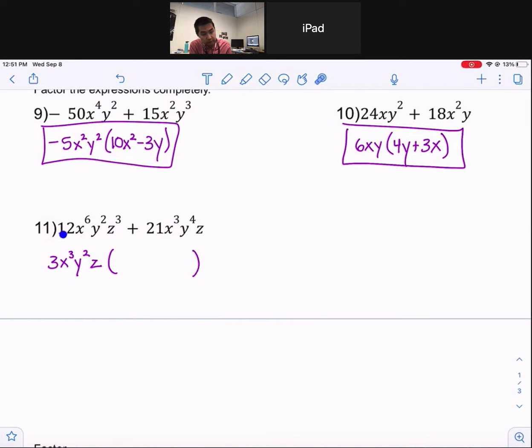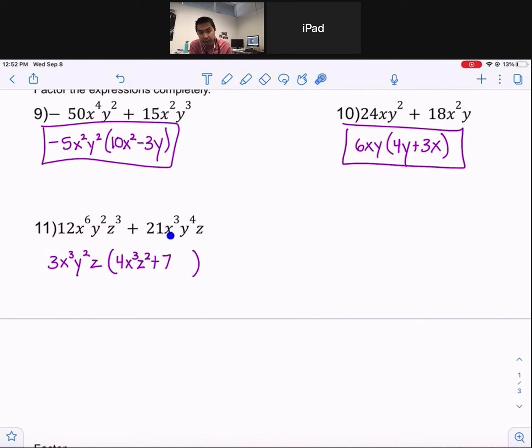12 divided by 3 is 4. X to the 6, you took away 3 x's, so x to the third. Y to the second, you took away 2 y's, so no y's. Z to the third, you took away a z, so just z to the second. Now we gotta do this one, right? 21 divided by 3, 7.